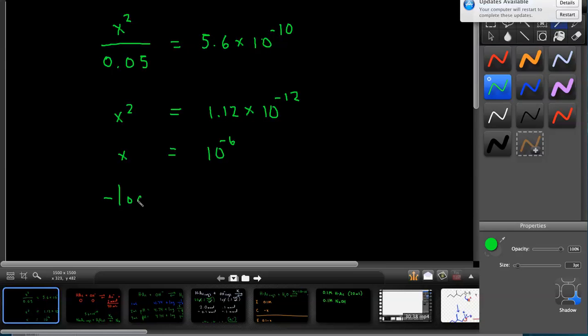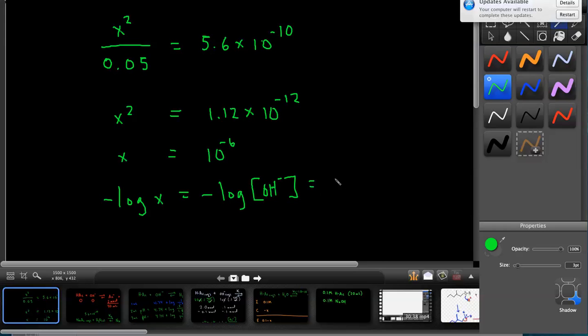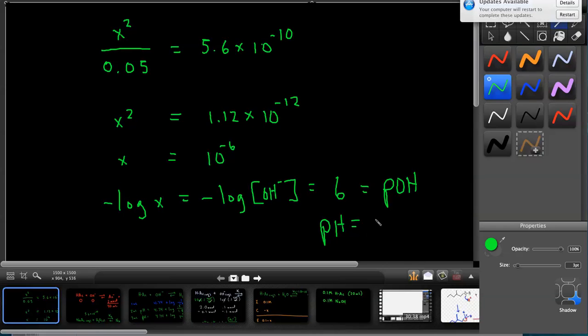The negative log of X is the negative log of hydroxide, which is 6, which is the pOH. Therefore, the pH should be around 8.